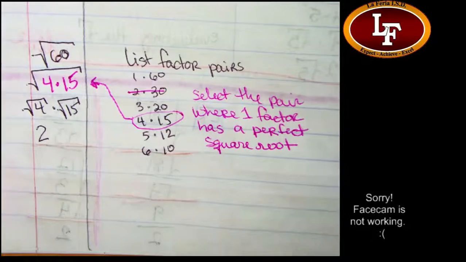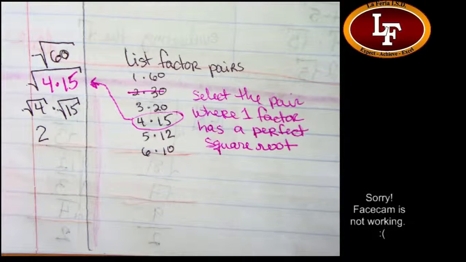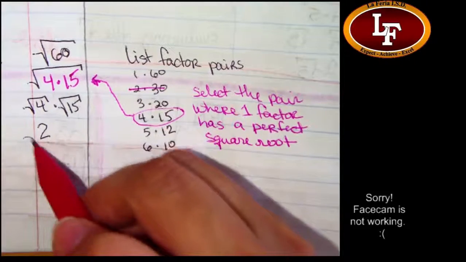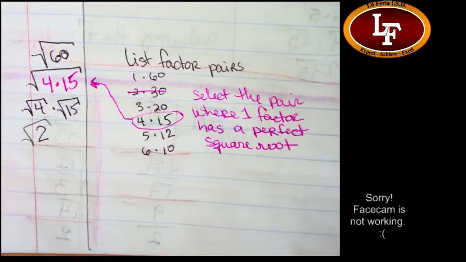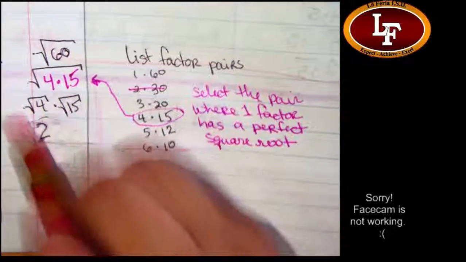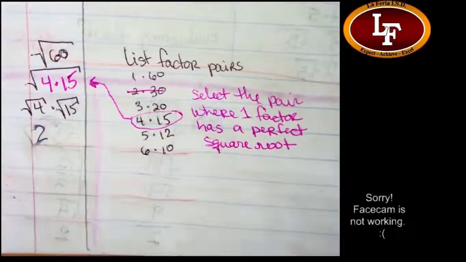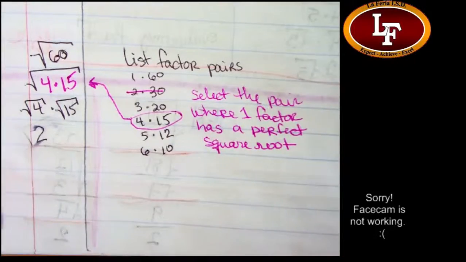Not the square root of 2. I saw this on a couple papers, kind of across the board, this class and others. The square root of 4 is not the square root of 2. The square root of 4 is 2. Just 2. Okay?